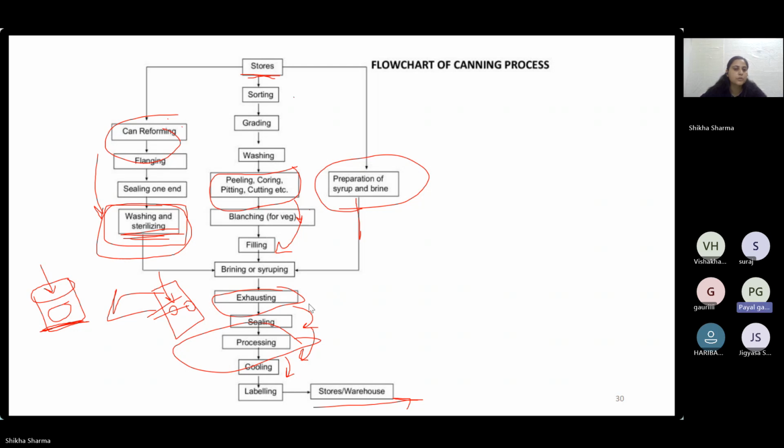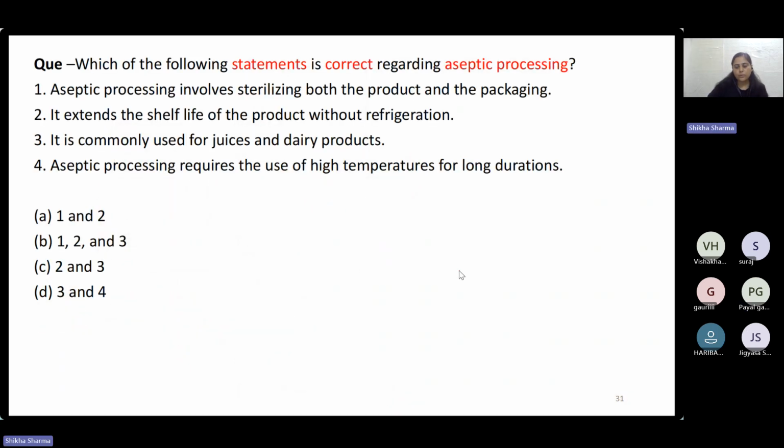In canning also there is loss of nutrients, but because we have the brine solution and the syrups, which means either high sugar or high salt, that will help to increase the shelf life. Okay, thank you.